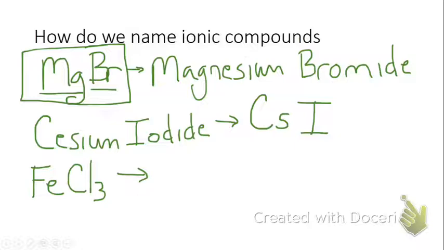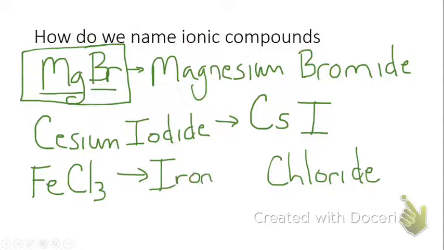If a metal, like iron, has different charge states, we have to add something to the naming. And so here we know we have chloride, because we know Cl is chloride, and we know Fe is iron.